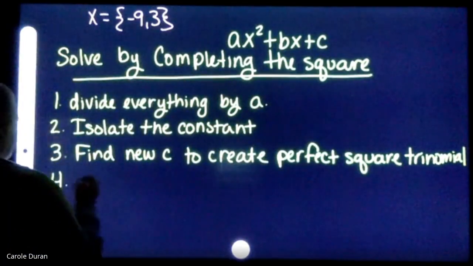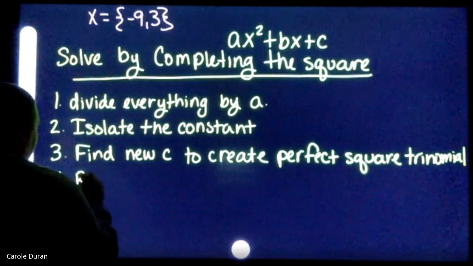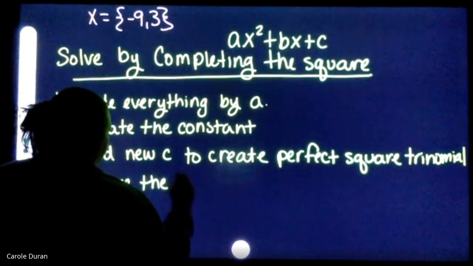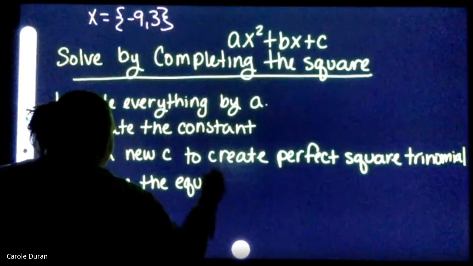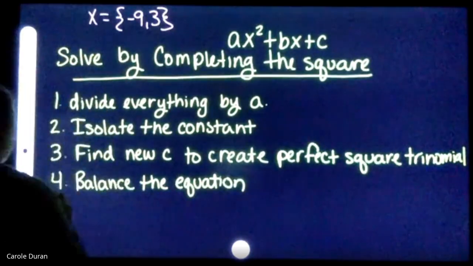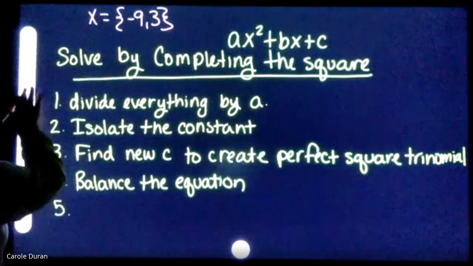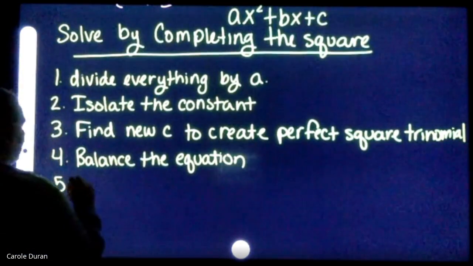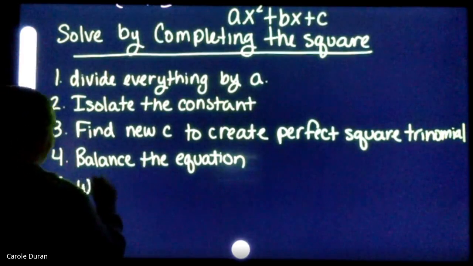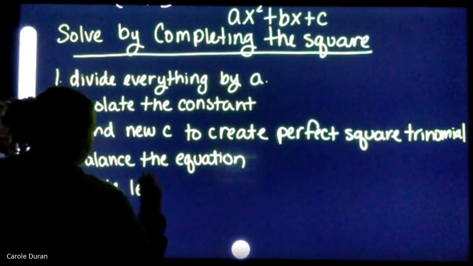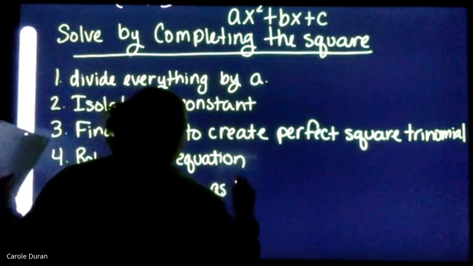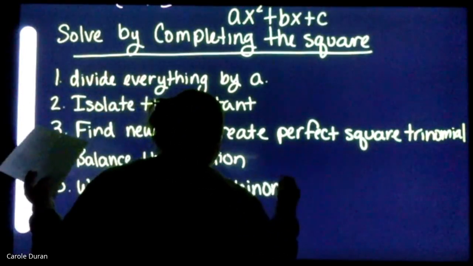Step 4 is to balance the equation. So whatever I do to the left side, I have to do to the right side as well. Step 5 is to rewrite the left side as a squared binomial.